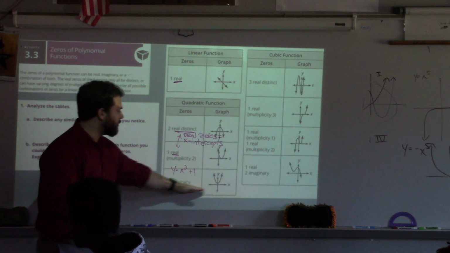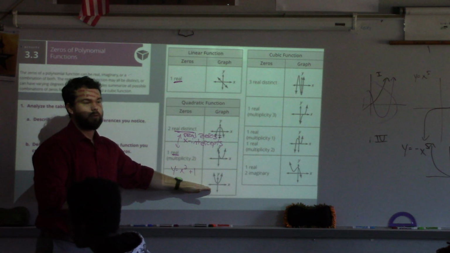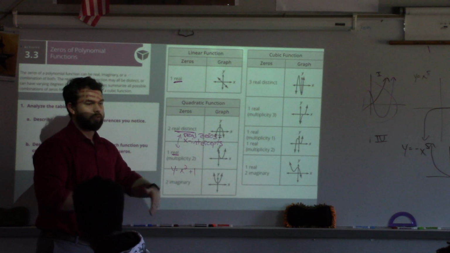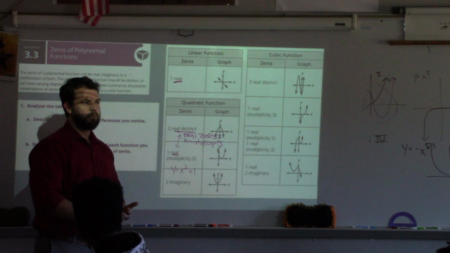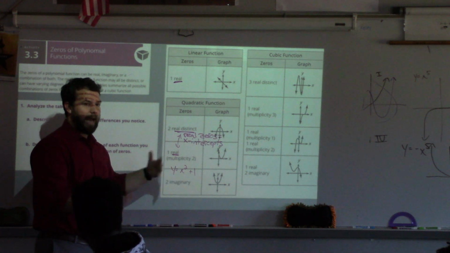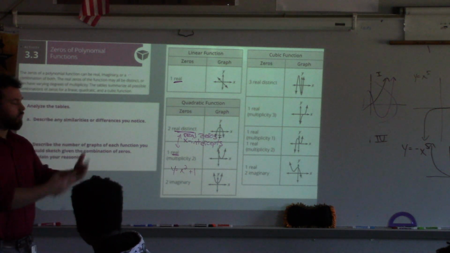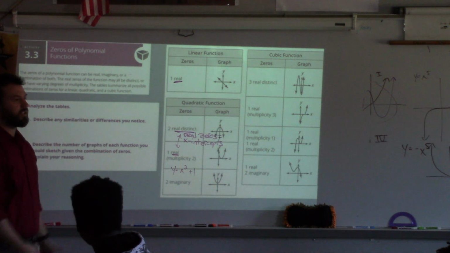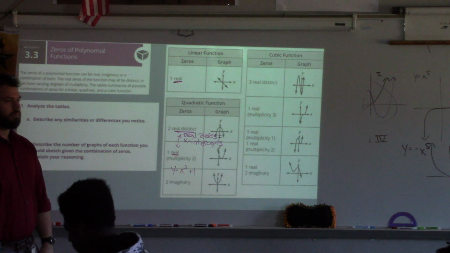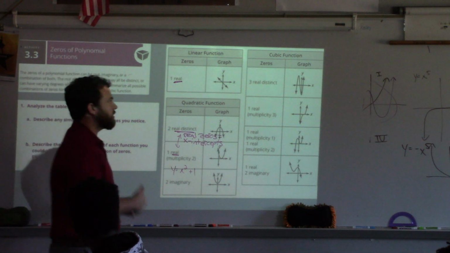So are there any real zeros here? No. But aren't there two zeros no matter what? It's a second degree, so it has to be two zeros. So if they're not real, they have to be imaginary.